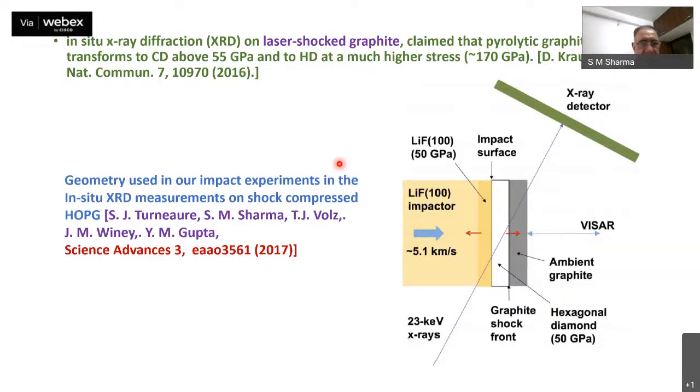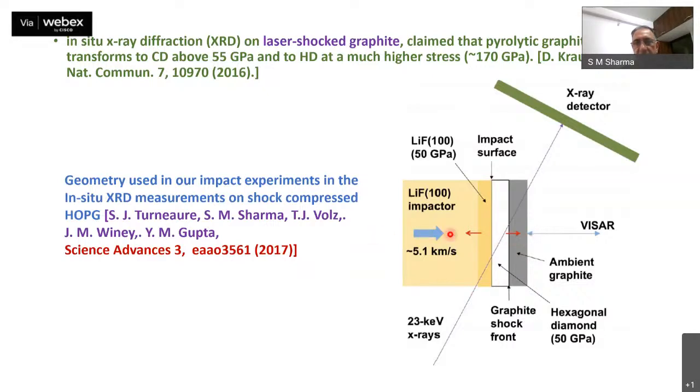So these experiments were revisited with a gas gun, in which a very thick lithium fluoride impactor was impacted on graphite several millimeters across. Recall the laser-shocked samples were a few micrometers at best. So this is several millimeters thick.